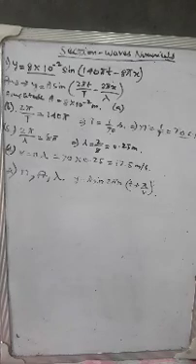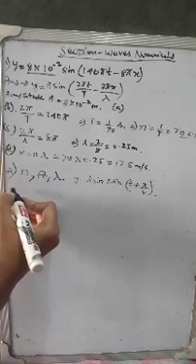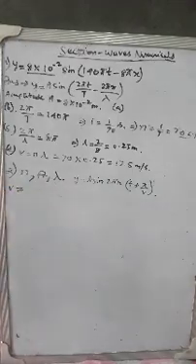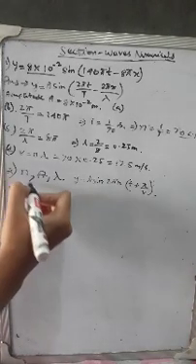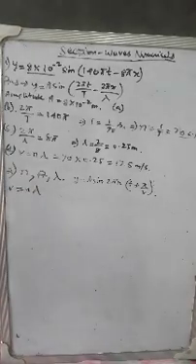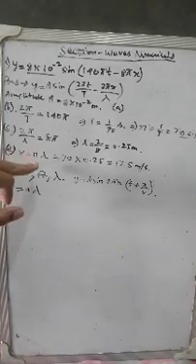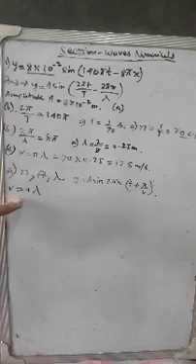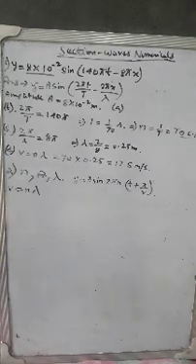How can you find the value of this lambda? You know the velocity of the wave is given by the formula v equals n lambda, that is, wave velocity equals frequency into wavelength. Previously I have also written this formula, again I am taking it. Why are we taking this?